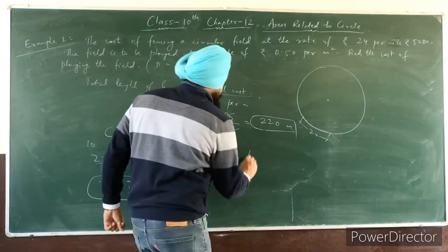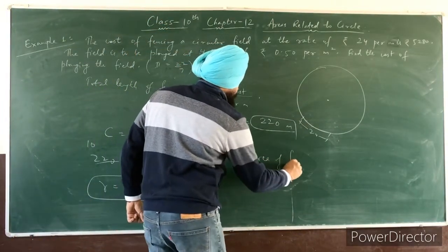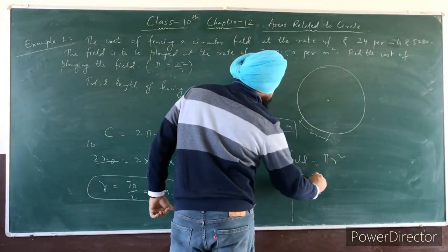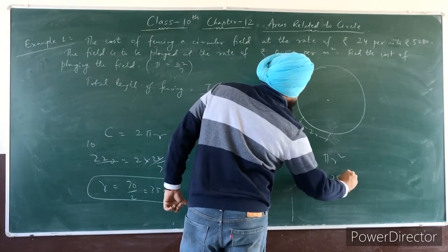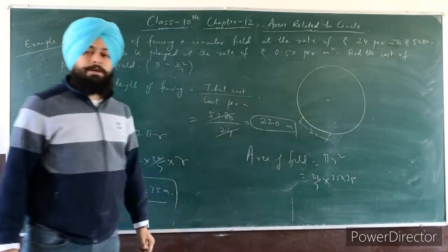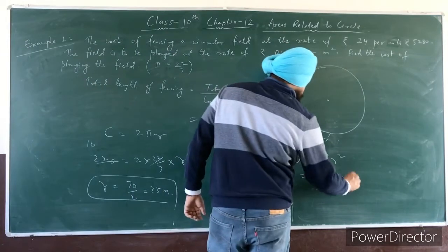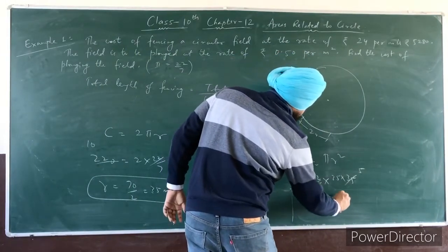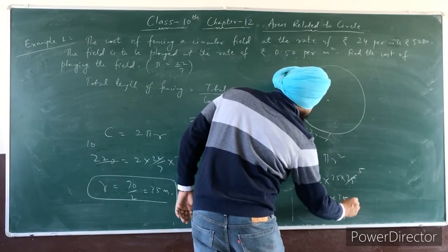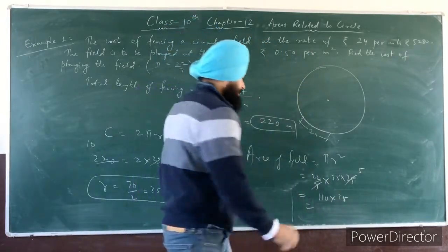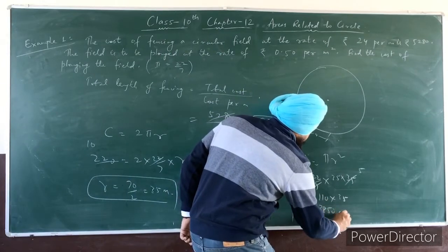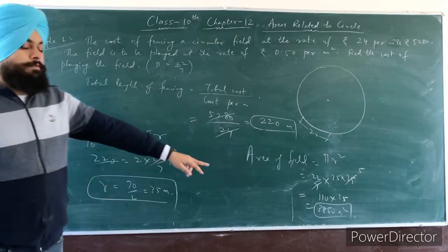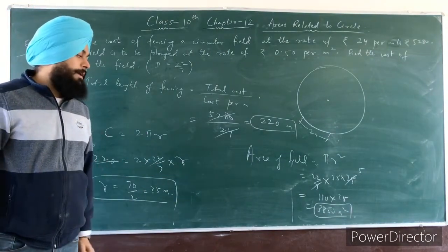Now we can easily find the area of field. Area of field is pi r square. So pi is 22/7 into 35 into 35. 7 times 5 is 35, so 22 into 5 is 110, and 35 into 110 is 3850 meters square. It means the total area of that circular field is 3850 meters square.